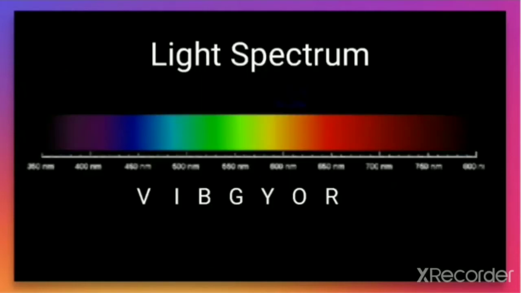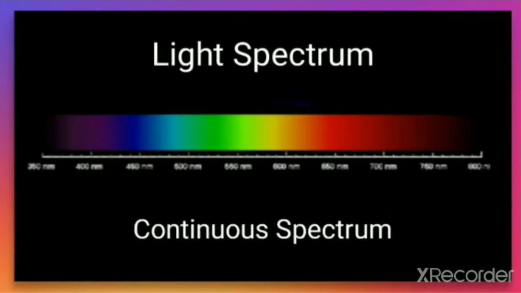When you observe the light spectrum, one color is merged with the other color. As you can see in this series, there is no gap between the colors. Such a spectrum is called a continuous spectrum.